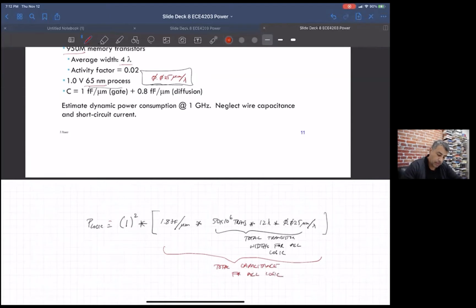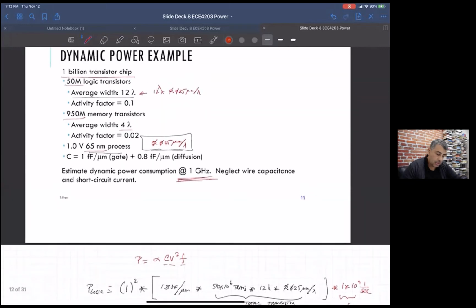And remember, we got to be CV squared F times alpha. Okay, so we got V squared, we got C. F is a gigahertz, right? And that's what they told us. So that's giga is 1 times 10 to the 9th. So that's our F. What is that? 1 over seconds.